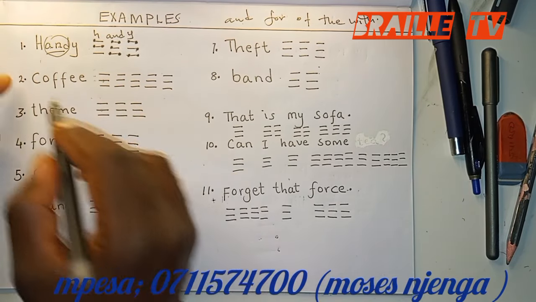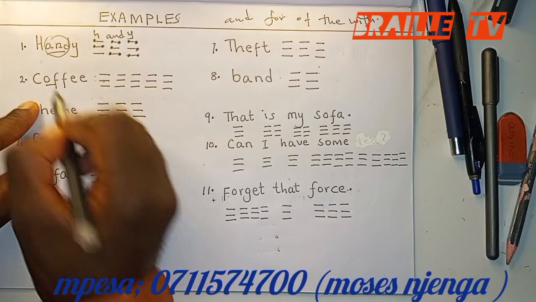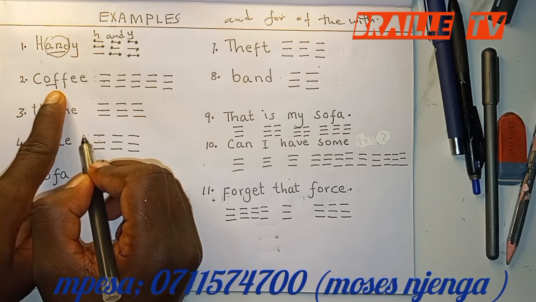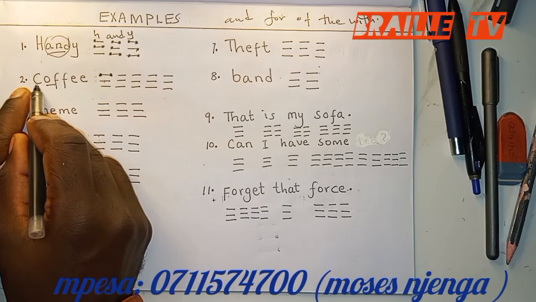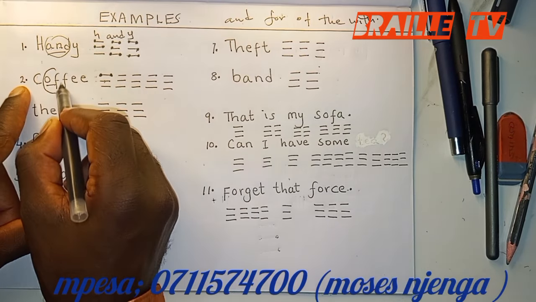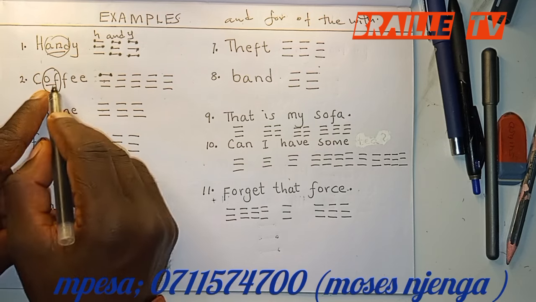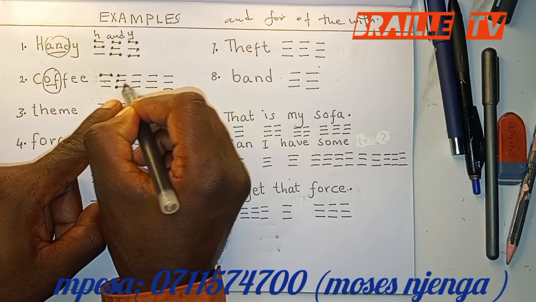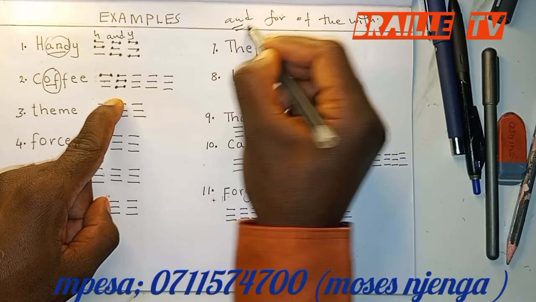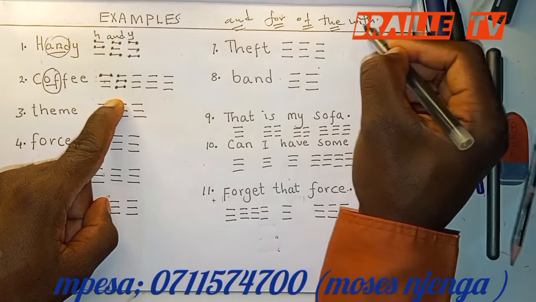Okay, good. Now the word coffee, we have "of". So we are going to contract "of", and then you spell out the rest. So here you spell out C. Then you contract "of". Here "of" is used as a group sign, because I told you whenever you get these five words inside another word, you contract.